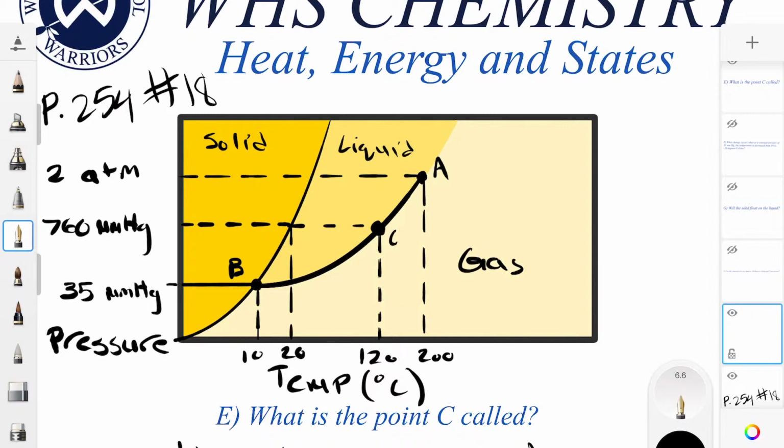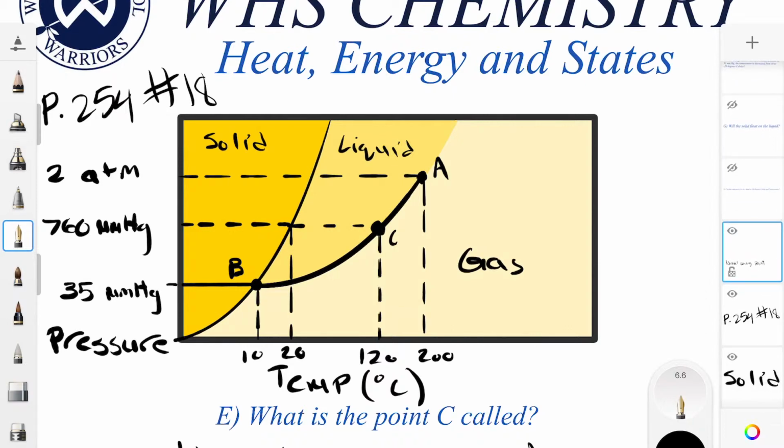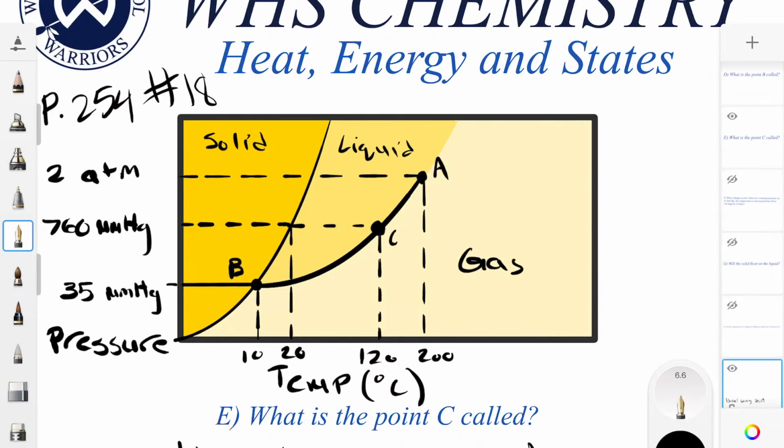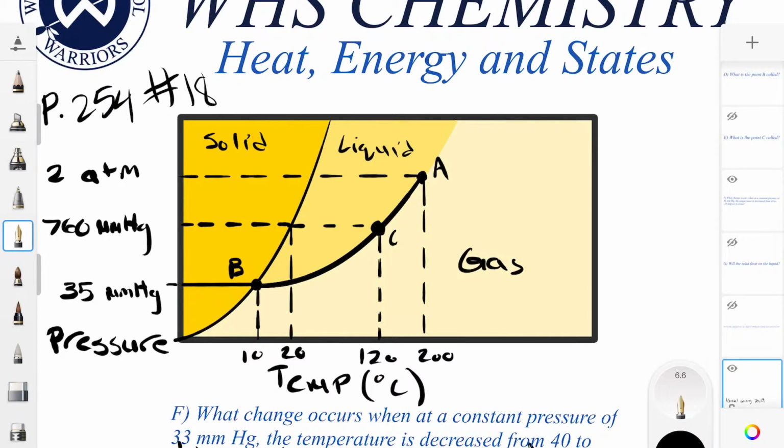Okay. So now for the next part, we have to find what change occurs at a constant pressure of 33 millimeters of mercury when the temperature is decreased from 40 degrees to negative 20 degrees Celsius. So let's find that point on this diagram. We'll start with pressure.